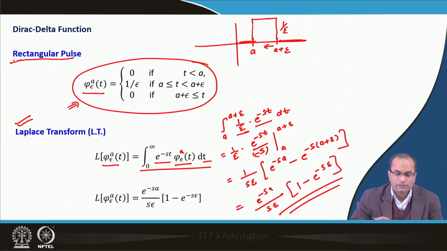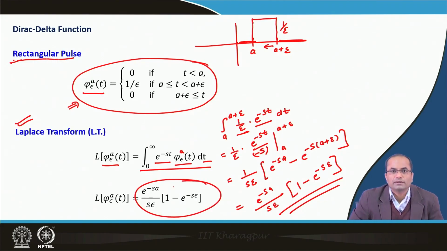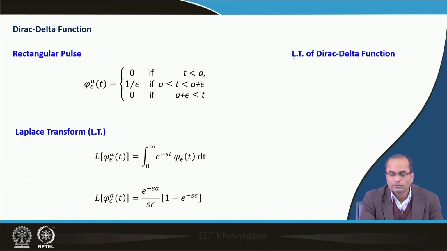So, this is the Laplace transform of this rectangular pulse function, which is written here as e power minus s a over s epsilon, and then 1 minus e power minus s epsilon. Now, getting back to the Laplace transform of the Dirac delta function, which is a limiting situation of this rectangular pulse.